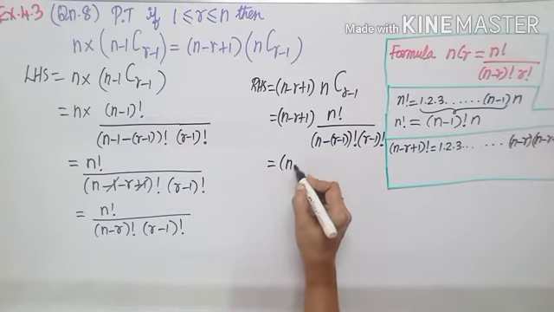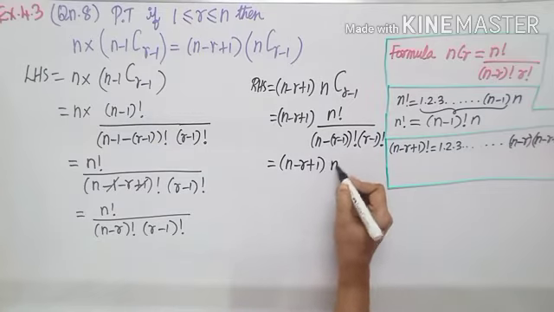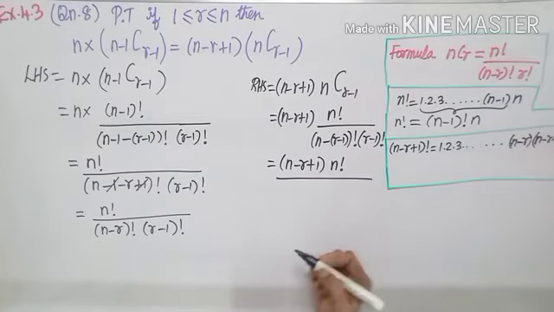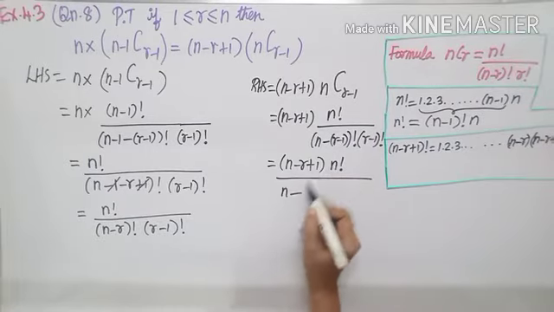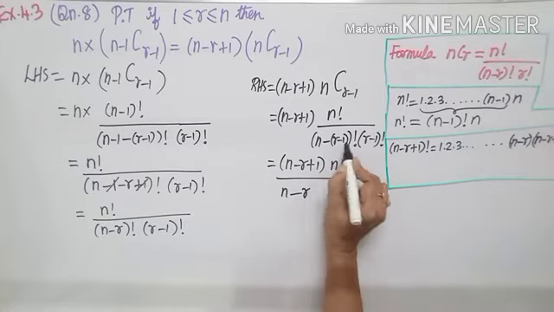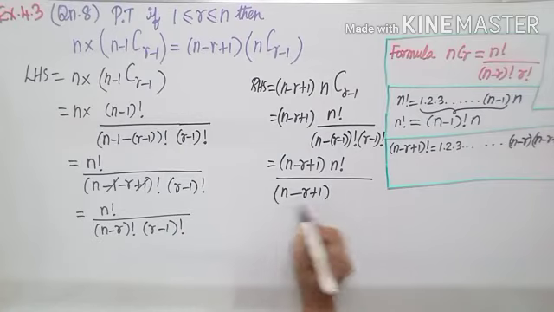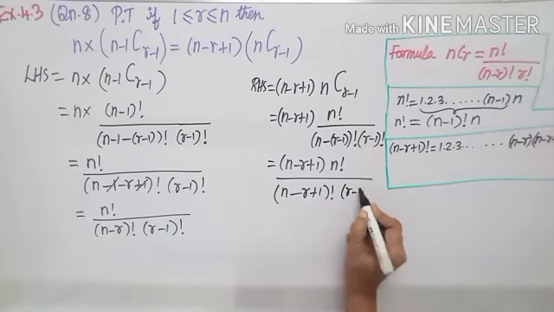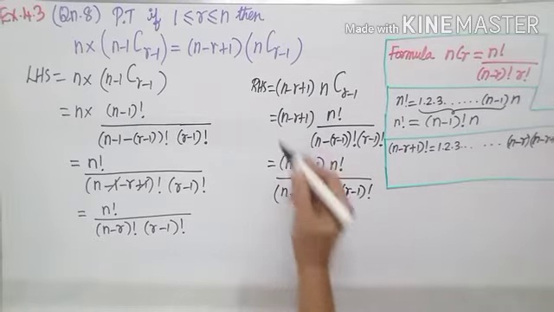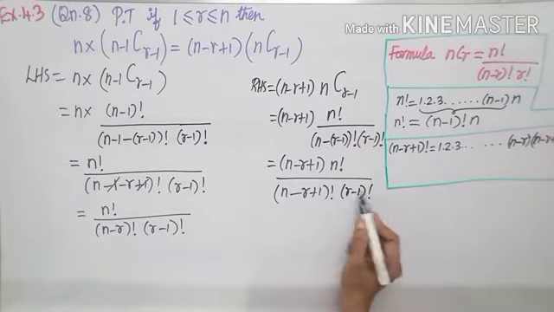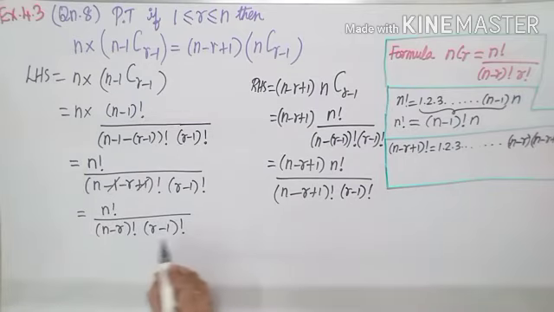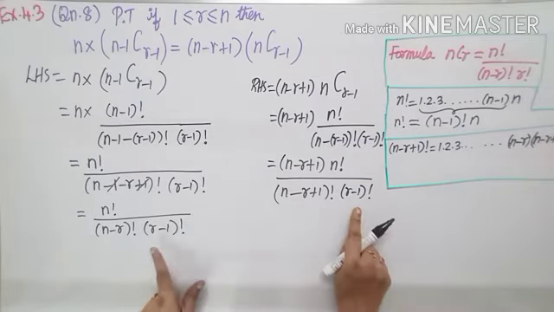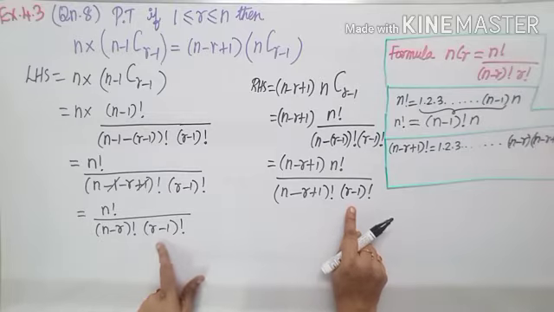That is n minus r plus 1 into n factorial by n minus r minus 1 plus 1 factorial into r minus 1 factorial. The RHS, I have r minus 1 factorial. LHS also, I have r minus 1 factorial. So these two are correct.